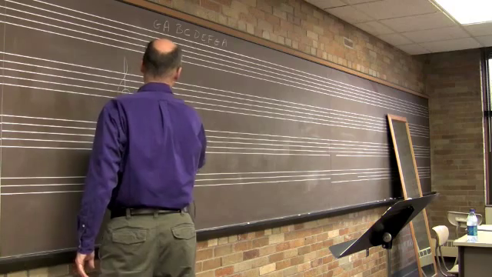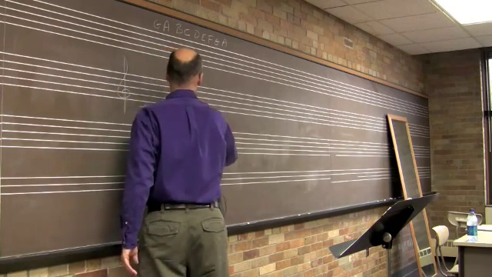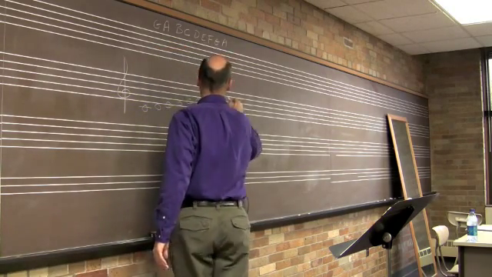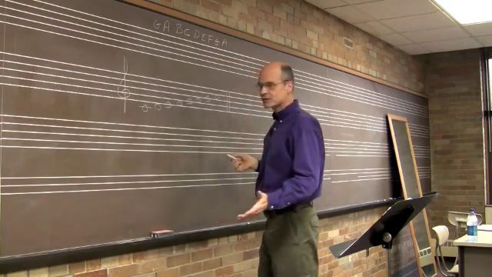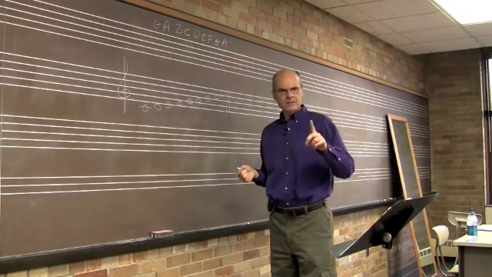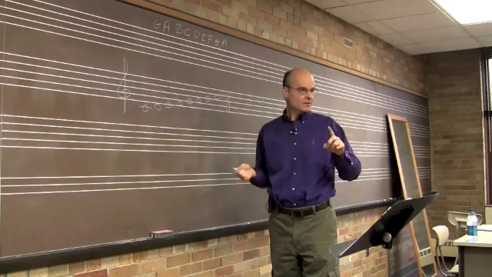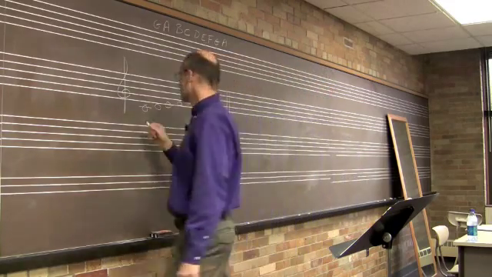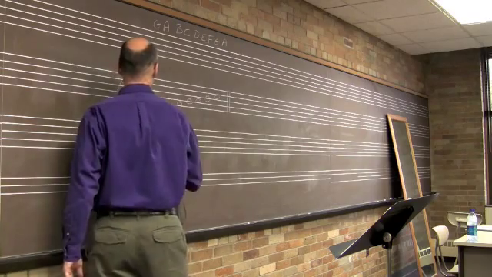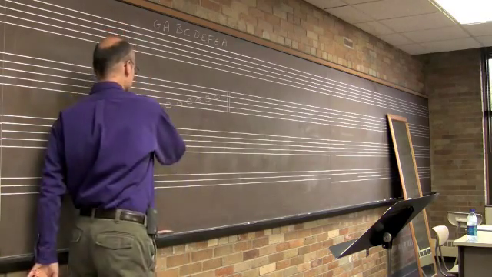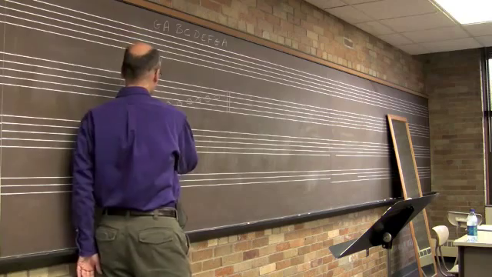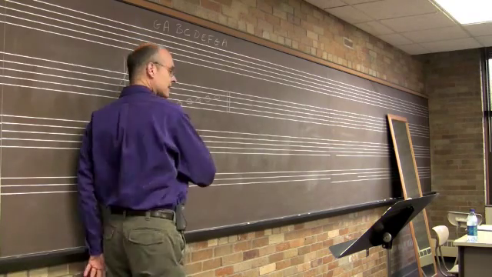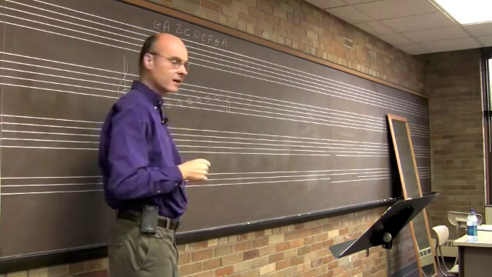So here's a major scale, which we've been talking about for a few weeks now, right? C major scale. Now what I'm going to do is use the tonic of C major and make an interval out of each step. So if I put a C here, I have two C's. That's a unison. If I put a C here, C to D, that's a second.